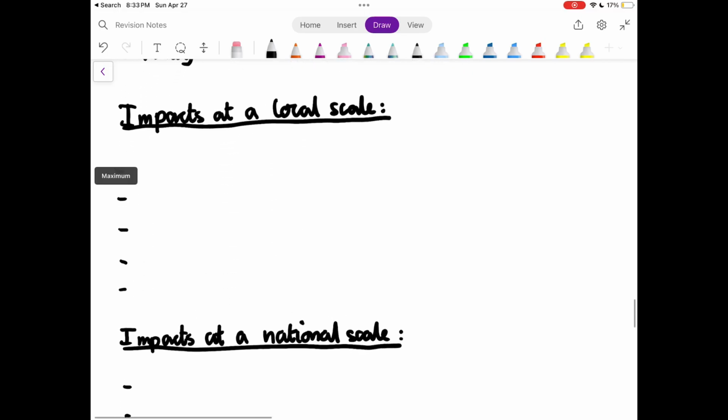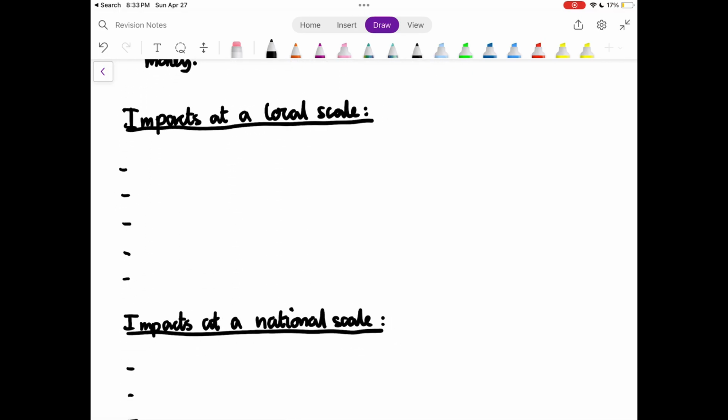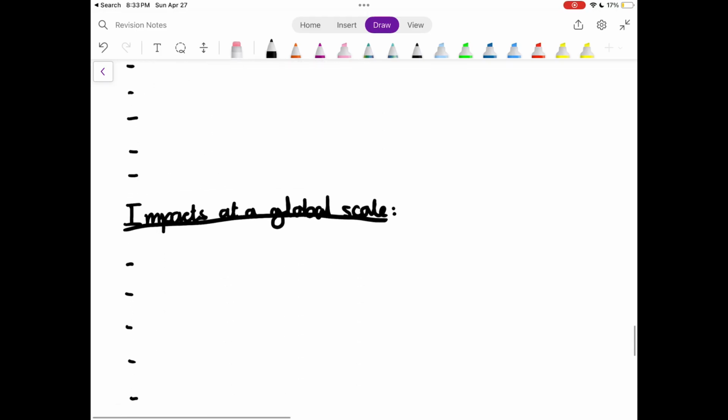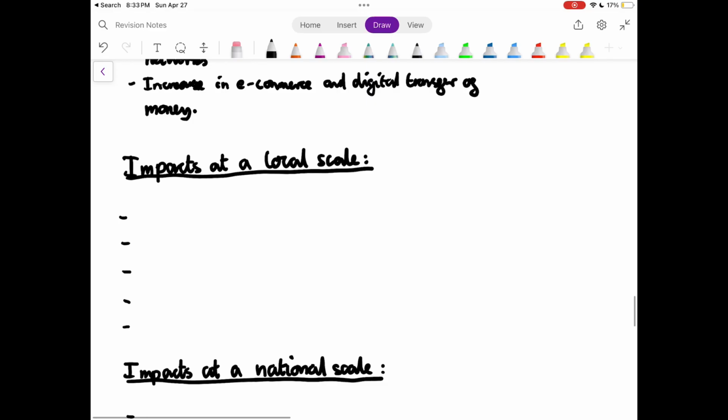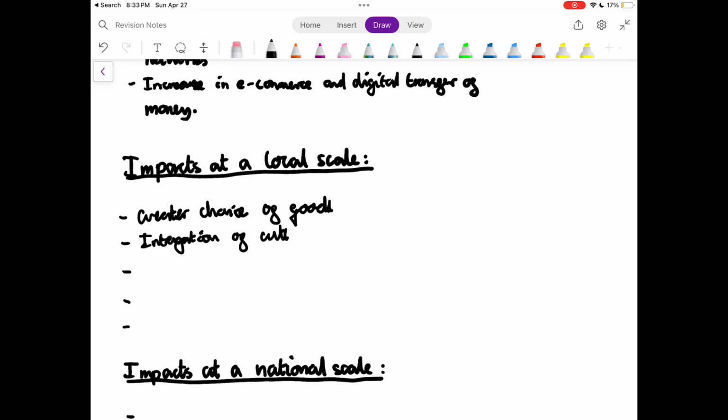And now we're going to be looking at the impacts of globalization at a local, national, and international scale. So at a local scale, there's a greater choice of goods. There is also an integration of cultures.